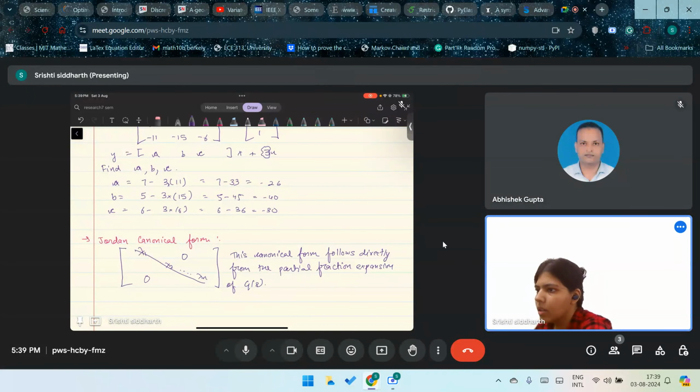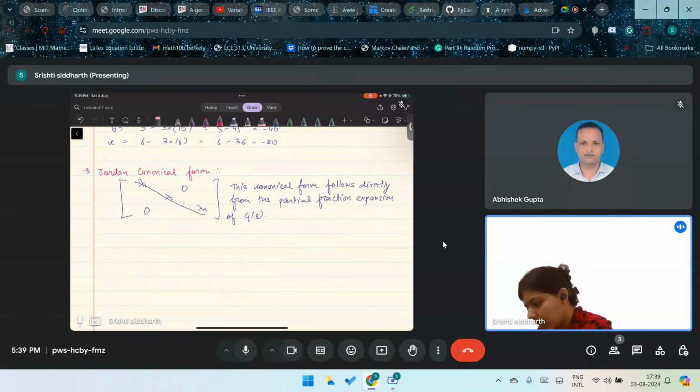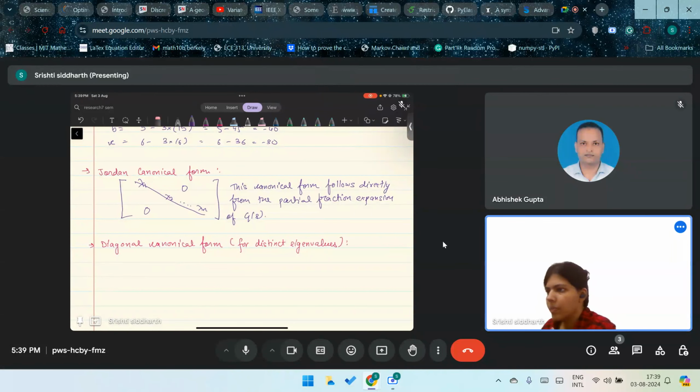Alright, so let's first look at the diagonal form. So we have the diagonal canonical form, and we have distinct eigenvalues. Okay, so let's consider again a general form of the transfer function.